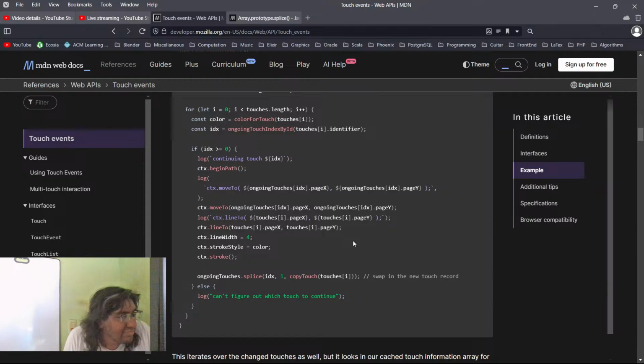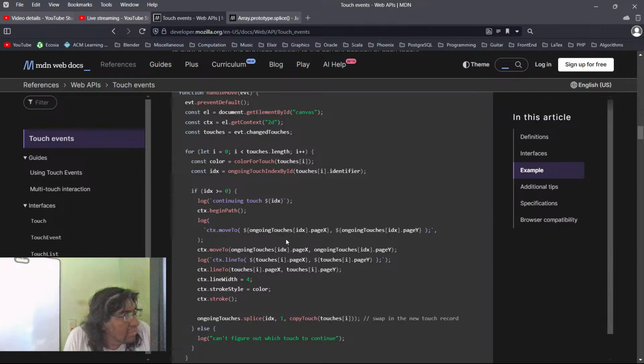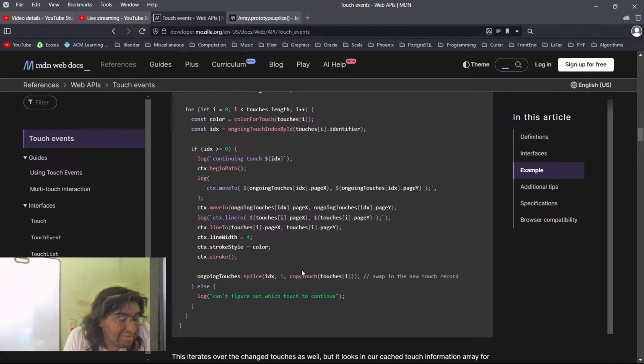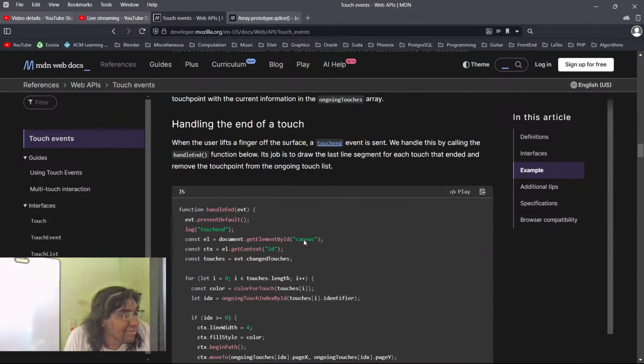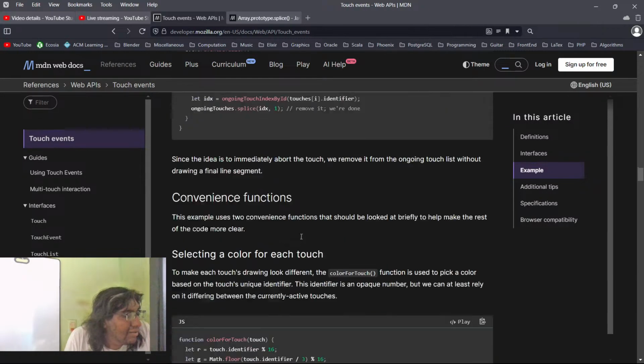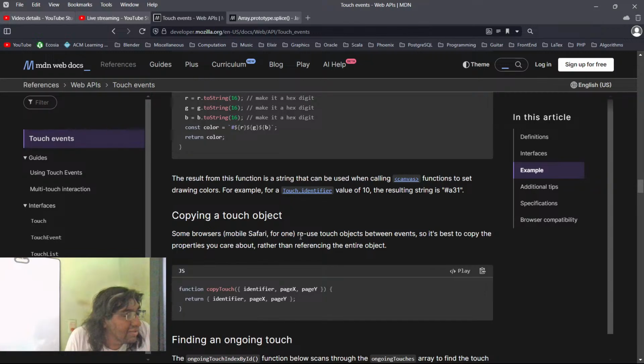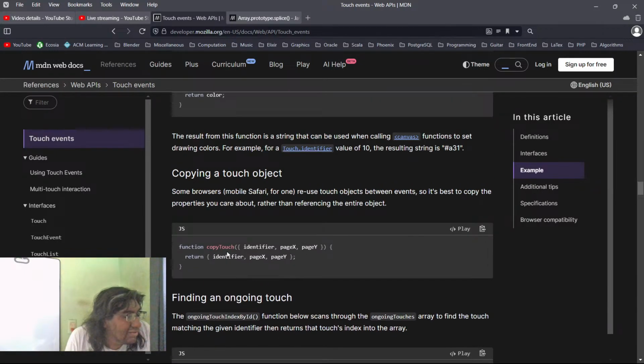Okay. Oh, we have an auxiliary function, a helper function. Here it is.